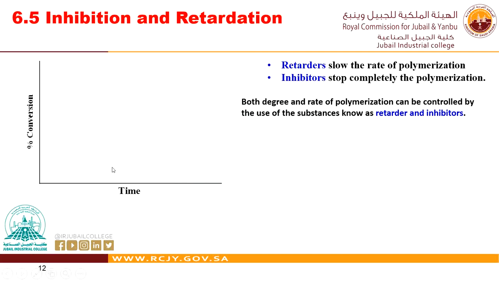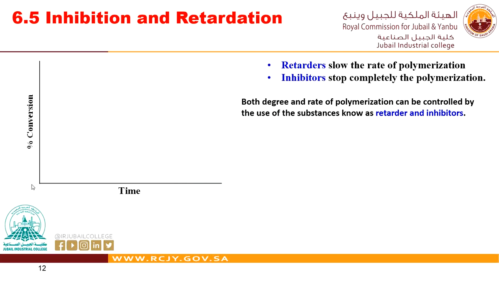When you start a polymerization, conversion means the amount of monomer that has changed into a polymer, as a function of time. Now, at the beginning, if you have a monomer in a container or in a reactor, no polymerization, it means conversion is what? 0. That is, no monomer is converted into a polymer.